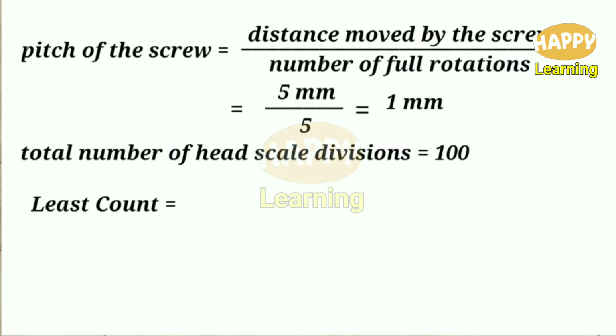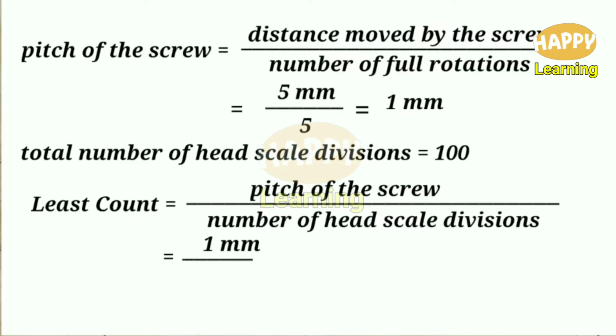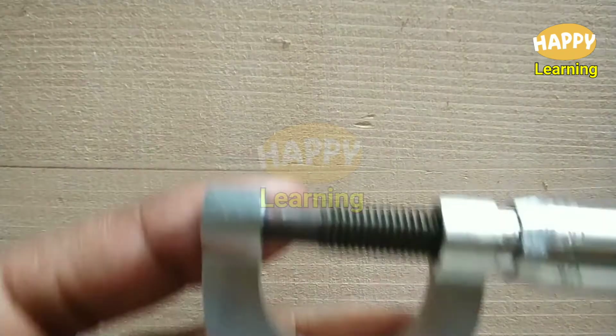Least count of the screw gauge is pitch of the screw by number of head scale divisions, that is equal to 1 millimeter by 100, that is equal to 0.01 millimeter. Least count equal to 0.01 millimeter.